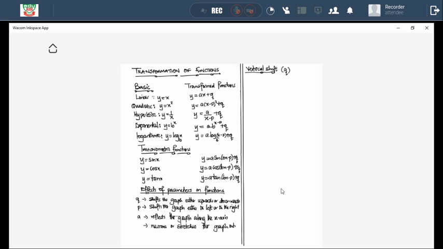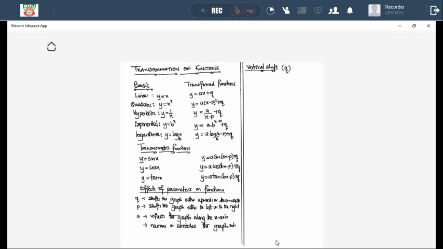Now, let's look at this. I'm going to give you a quick illustration, then I'll make a generalization. For me to know how to transform a function, I'm going to look at how the graph behaves. I'm going to compare certain graphs.